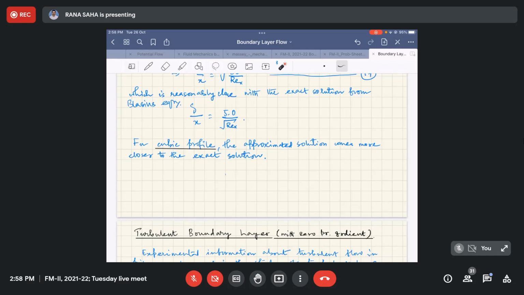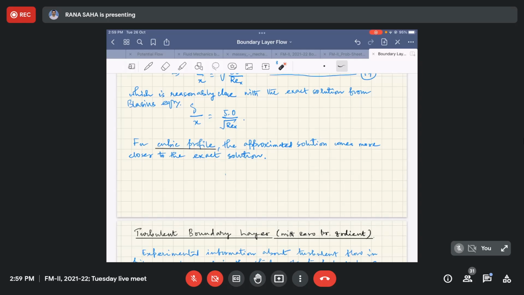And actually, there is another technique by which one can have an exact solution of the boundary layer. That is basically this delta by x. Because we are interested in knowing the development of this boundary layer, which is characterized by the boundary layer thickness delta, which is a function of x.